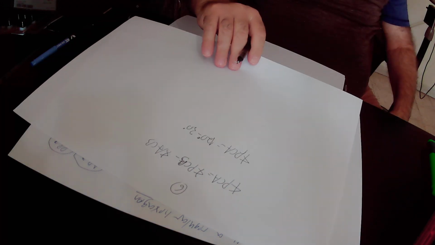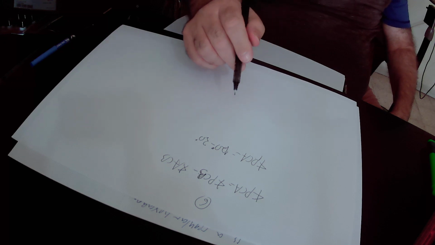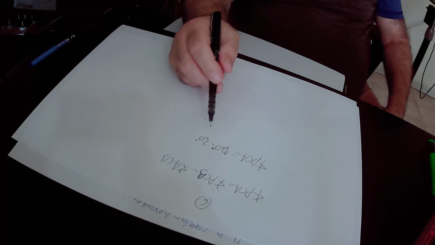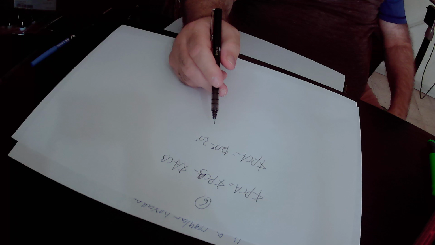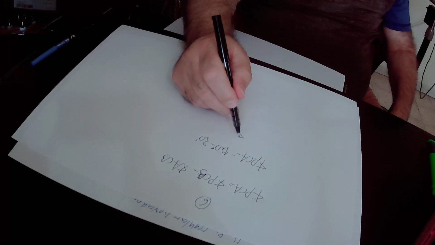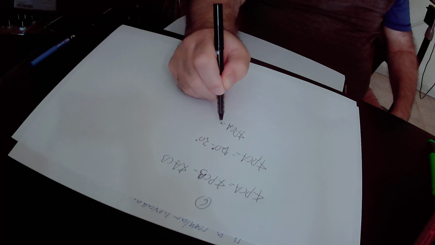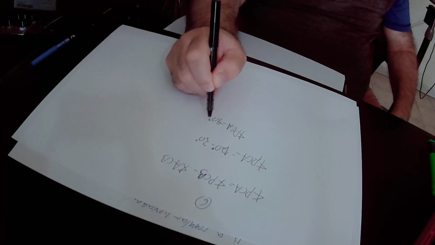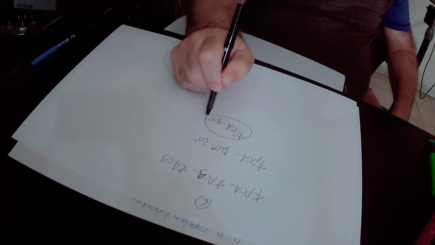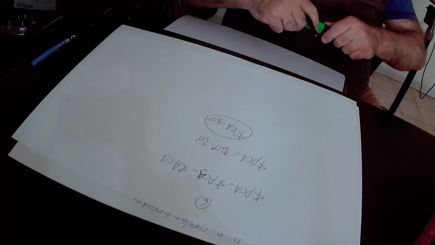So, in conclusion, we found out that the size of the missing angle equals 120 degrees minus 30 degrees, that is 90 degrees. So angle PCA equals 90 degrees, that is to say it is a right angle.